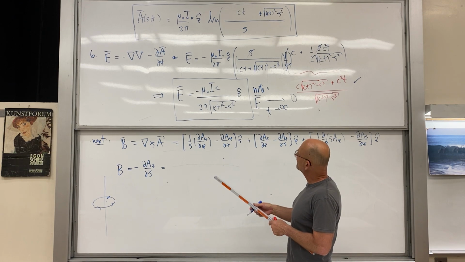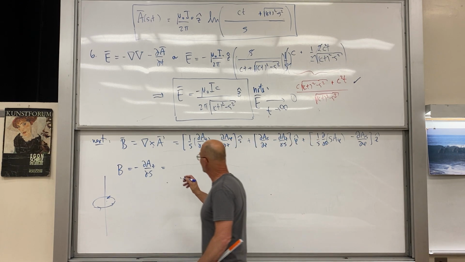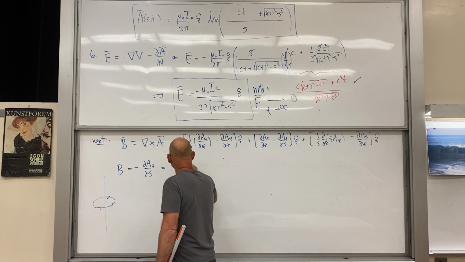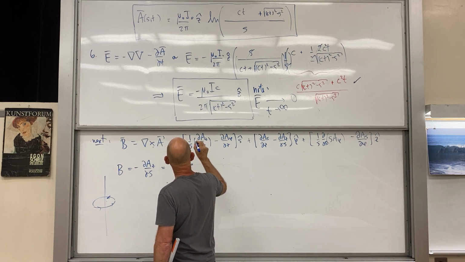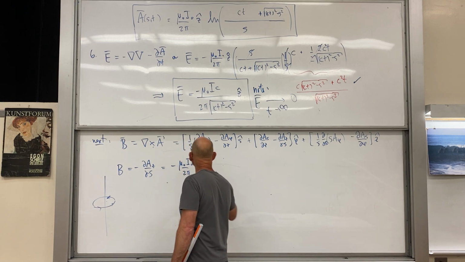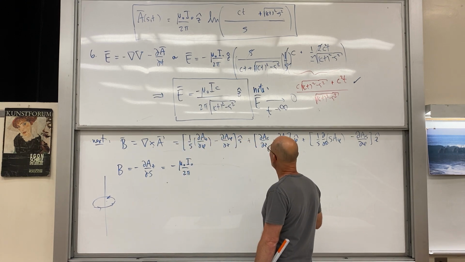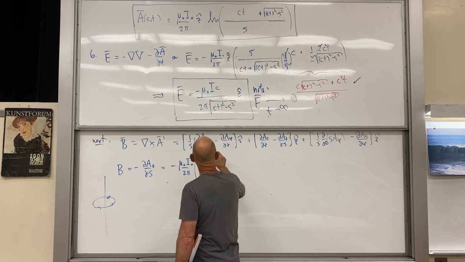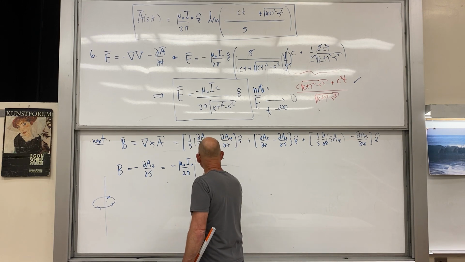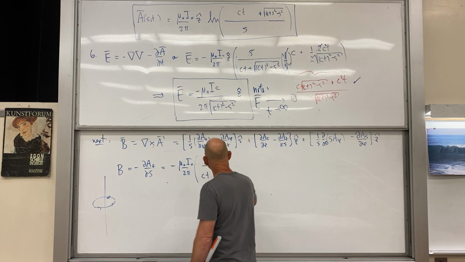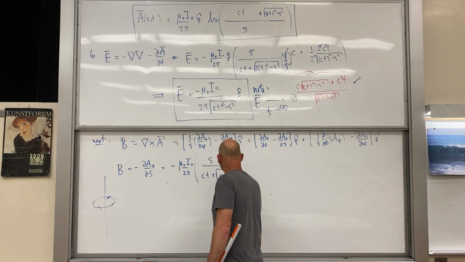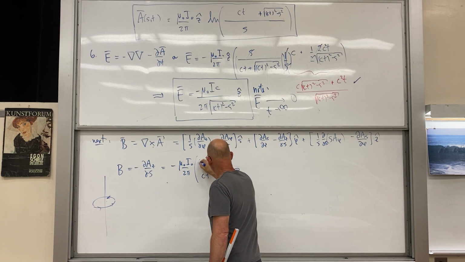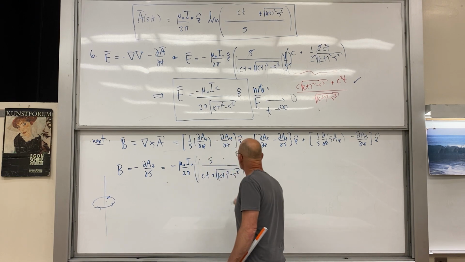So dA, so we'll have a minus mu naught I naught over 2 pi, leave the z hat anymore, and the derivative with respect to S, we will have that S over CT plus root CT squared minus S squared. Put that in there.